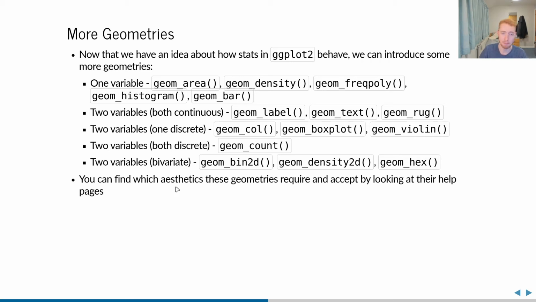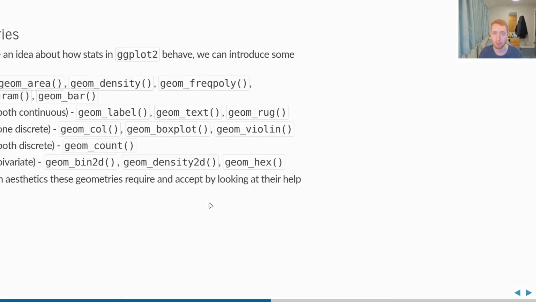If we have bivariate data, so the idea being that we have two different variables and want to know what distribution they have over those two dimensions, we have geom_bin2d, think of it like a 2D histogram; geom_density_2d, basically a heat map; or geom_hex, which is like bin2d but with hexagons, which are the best shape. You can find out about the aesthetics for these by looking at the help pages. And if you're in the hybrid live sessions, we'll work through a few examples of the best ones.